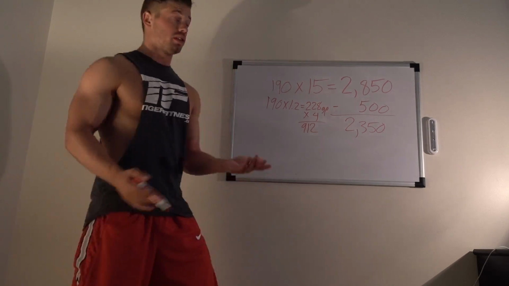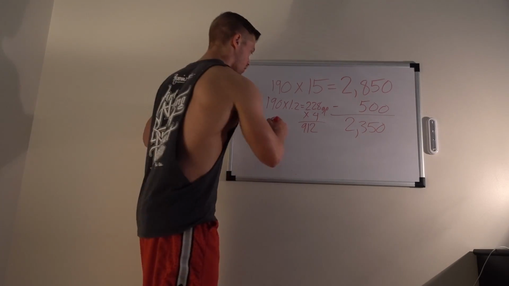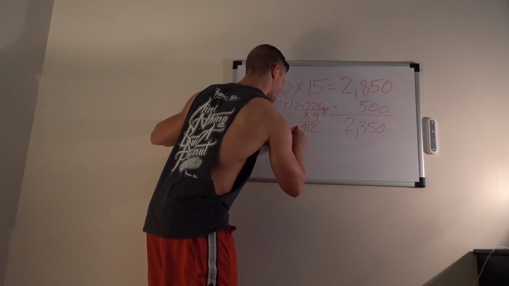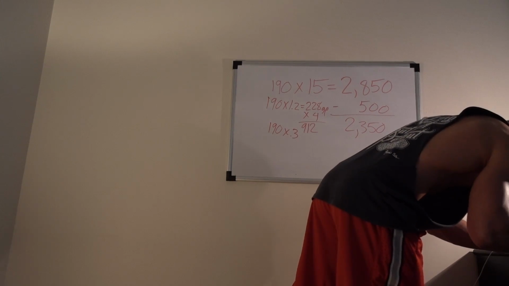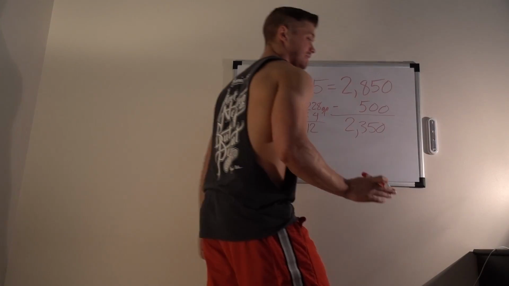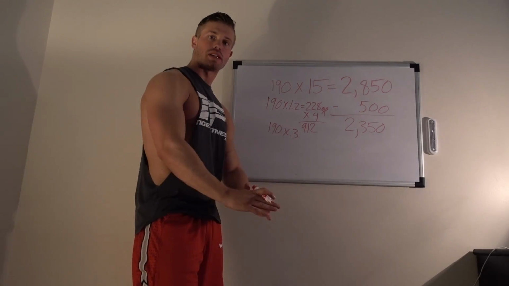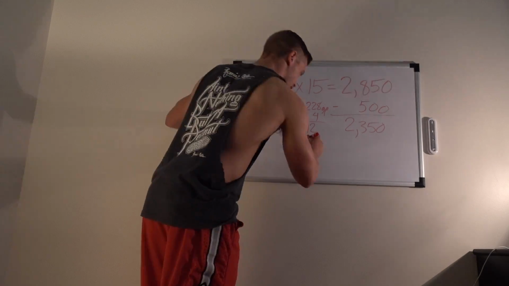So for this example, I'm just going to do what I do. I do 0.3. So if you take 190 times 0.3, that's 57. Since 0.3 is on the low end of that scale, I would just bump this up to 60. So 60 grams a day for fats.